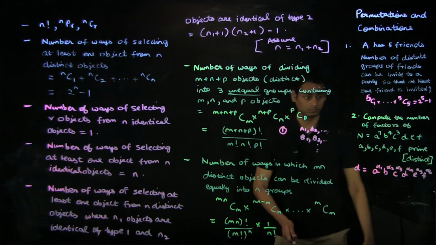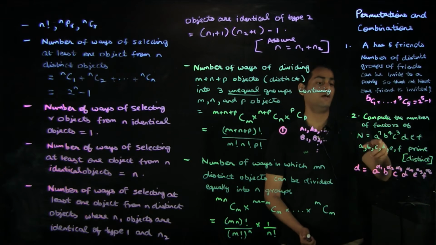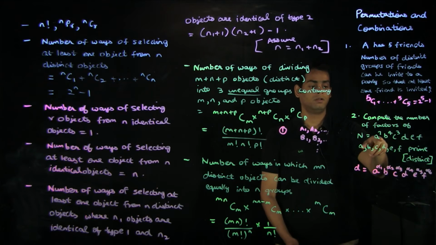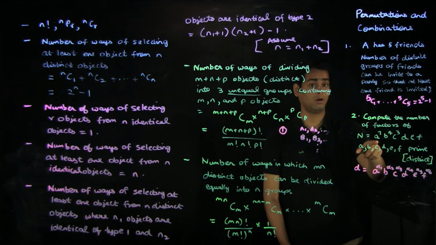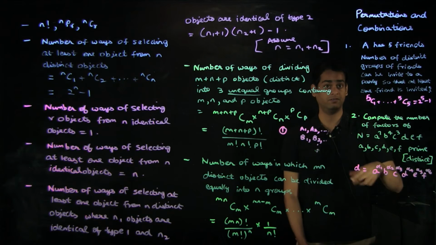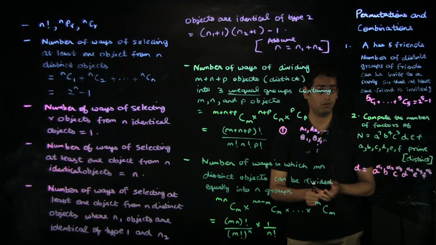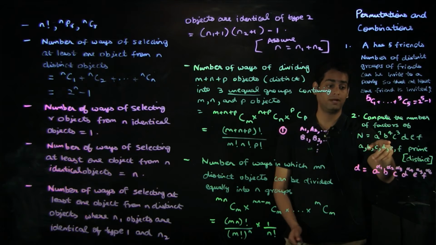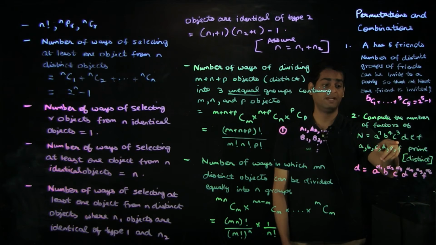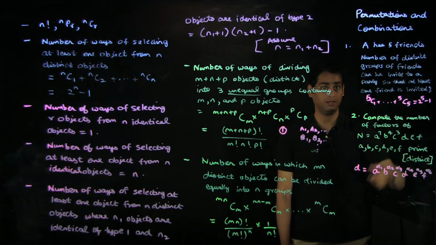So you can consider this problem to be the case when you have 7 identical objects of type 1, because all of the factors corresponding to a power 7 are identical. They're going to be 1, a square, a cube, and so on till a power 7. So you have 7 identical objects of type 1, 4 identical objects of type 2, 3 identical objects of type 3, and so on, and 1 identical object of type 6.